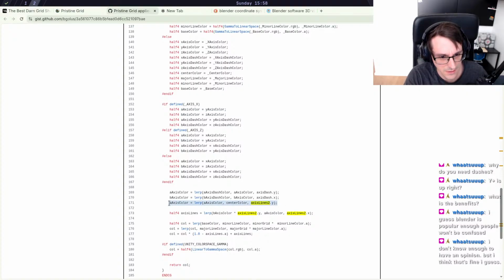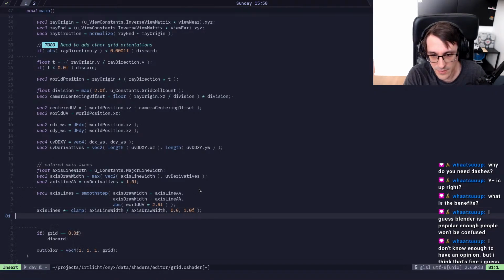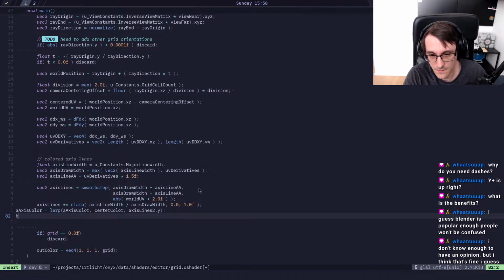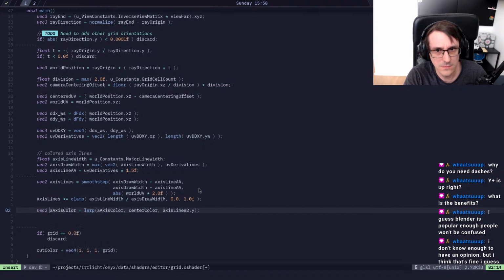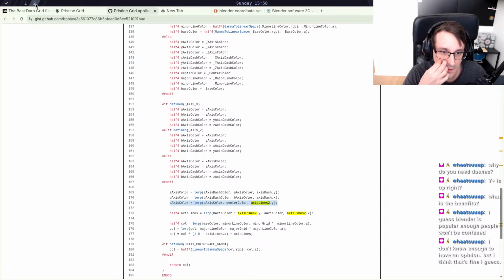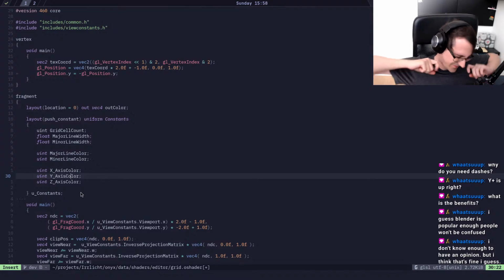Well, I guess I could just do that, right? So that would be vec2. Oh, I need to break apart the color, unless I push here vec3s. Is it better?